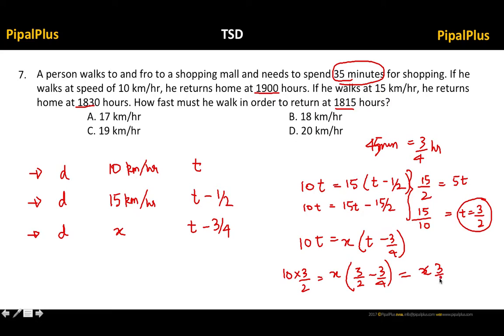So x times 3 by 4. Let's cross multiply. We get x equals 10 into 3 by 2, which was the left hand side, and I'll take 3 by 4 to the other side, where it becomes 4 by 3. So I cancel 3, and this is 2 times 2. So x is 20 kilometers per hour, which is the answer.